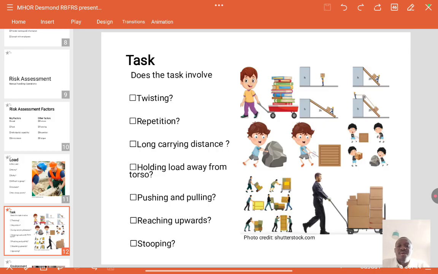Would it involve holding the load away from the torso? Does it involve pushing and pulling, reaching upwards, stooping low? These questions will be asked when you are about to undertake the task. So in the risk assessment sheet that you'll be working on, these questions need to be asked so that you can classify the kind of activity that you are going to work on.